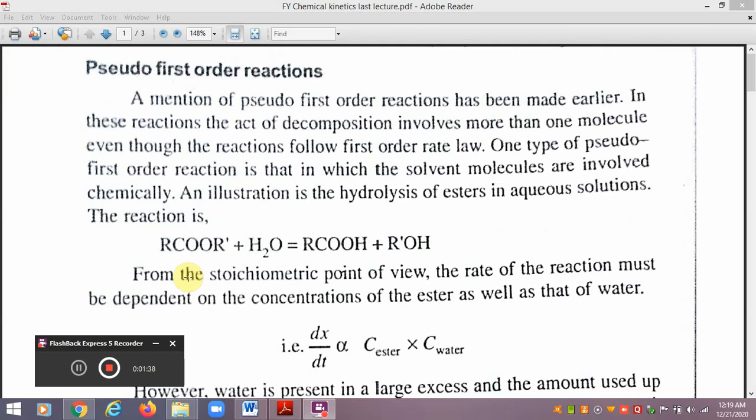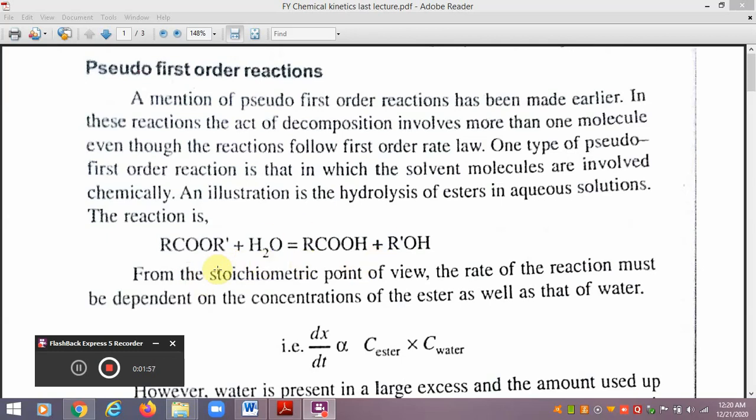So from the chemical equation, the rate of such reactions indicates that the rate of reaction depends upon the concentration of reactant as well as the concentration of solvent.